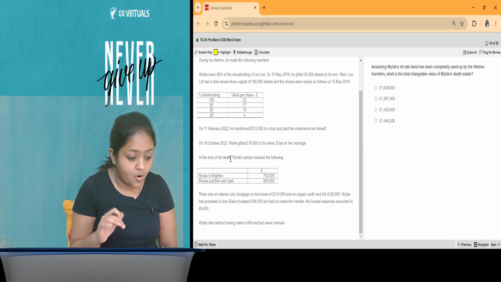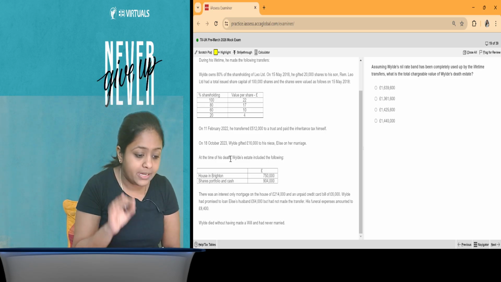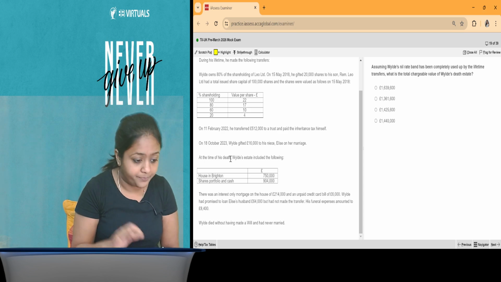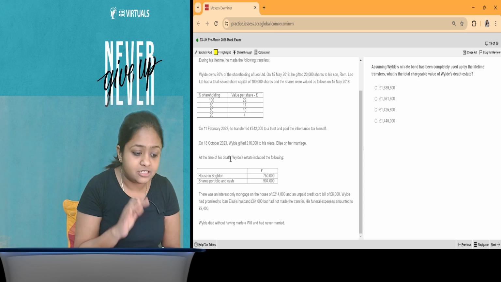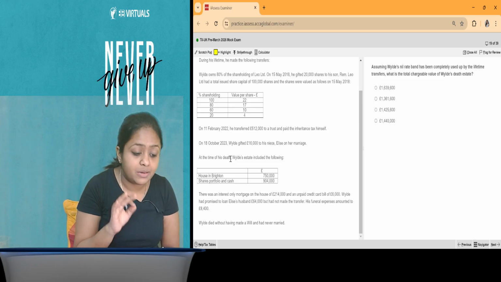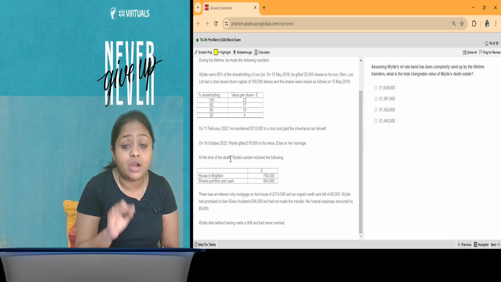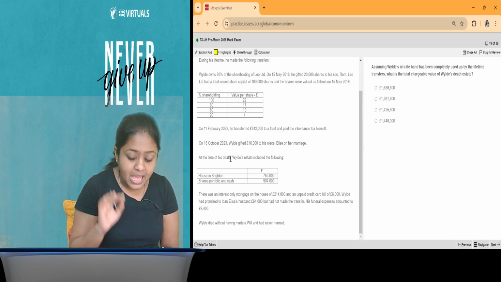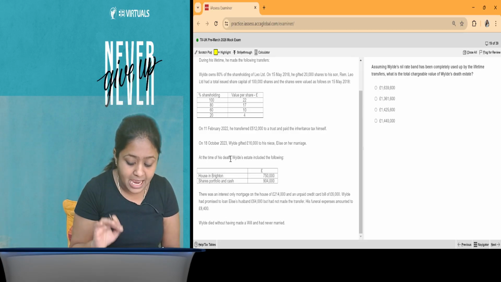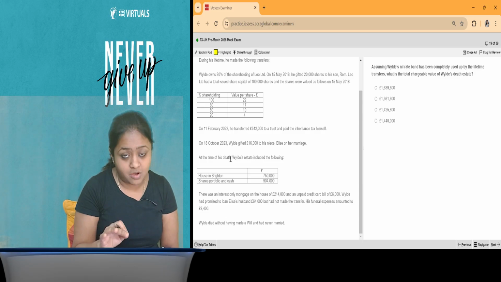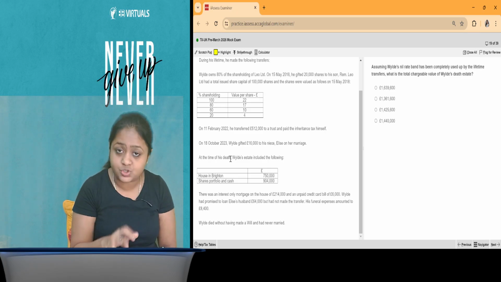At the time of death, Wilde's estate included the following: house in Brinton, shares portfolio and cash. There was an interest-only mortgage on the house of 214,000, so that we will reduce from the value of the house, and an unpaid credit card bill of 6,000. Again, it's a legal tender that has to be met.